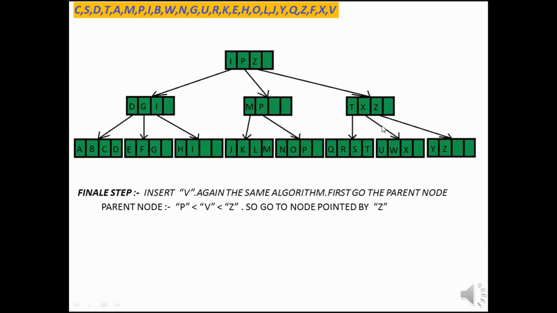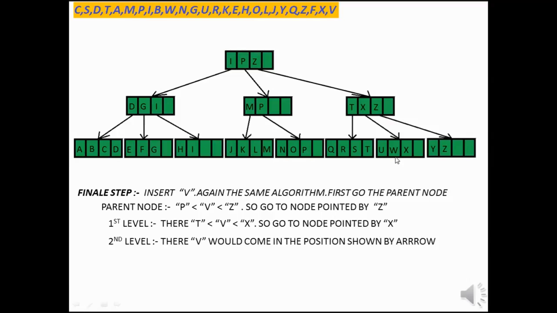Come to level 2. At level 2, we are pointed to the child containing U, W and X. Now here again the same precision of comparison. Compare V with every element. After comparison, we will find that V has to come in between U and W. So insert it there. Simple. So all the 3 levels are over.